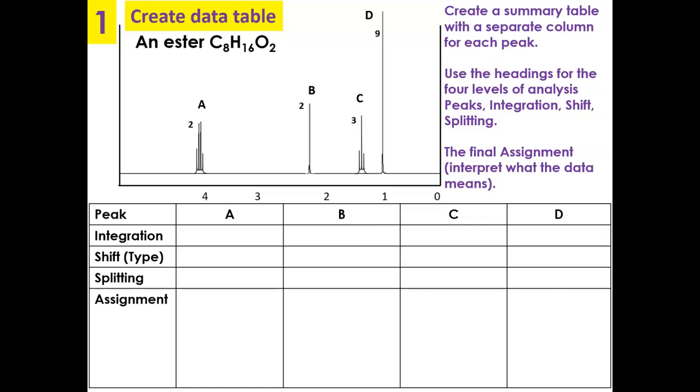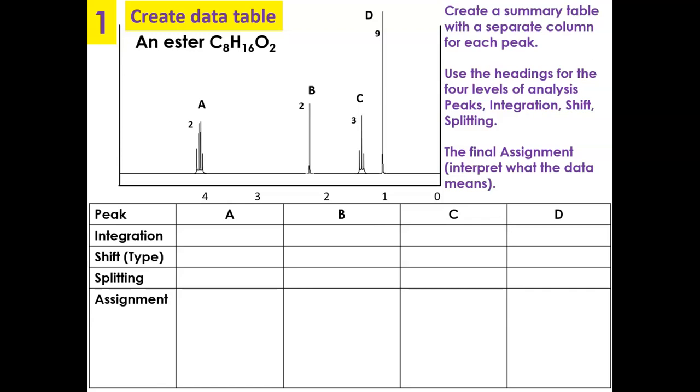So we've got the peaks A, B, C, D, the integration values, the chemical shift value and the type of proton that is, the splitting pattern and what that means, and the final part is the assignment, that is the interpretation, what the data tells us. It's bringing it all together.